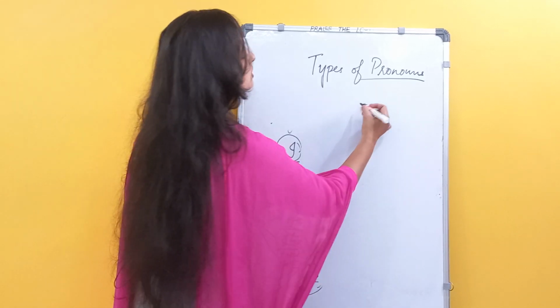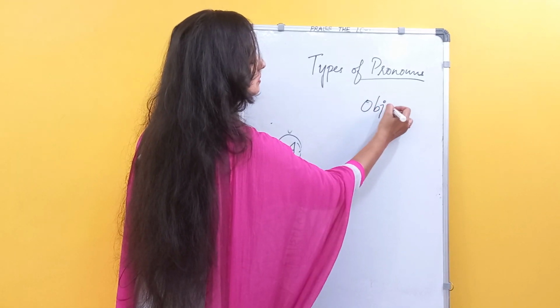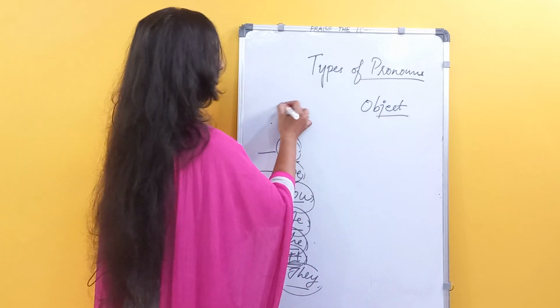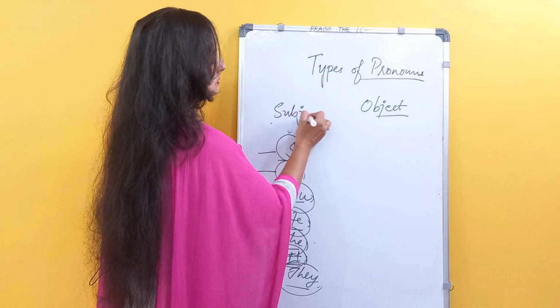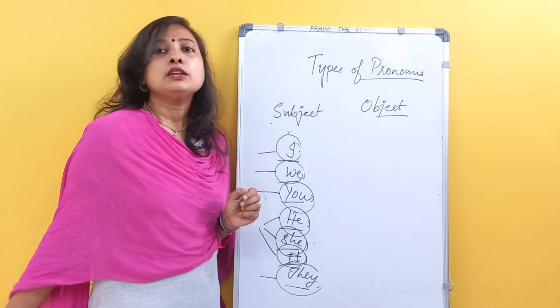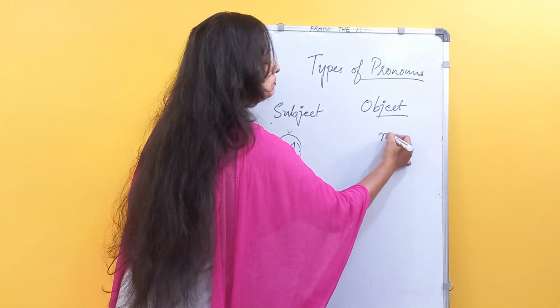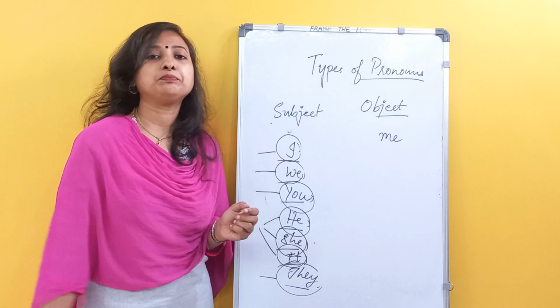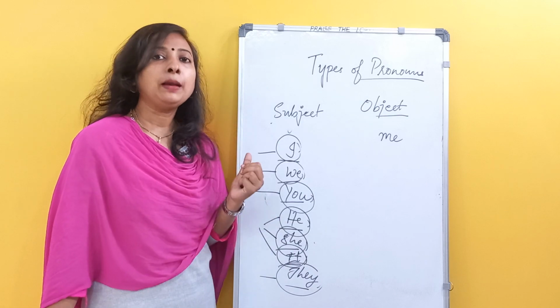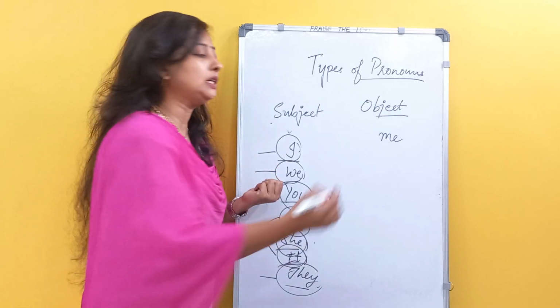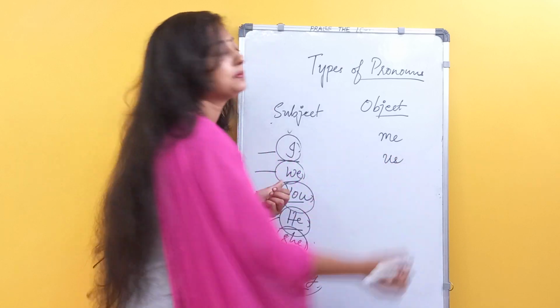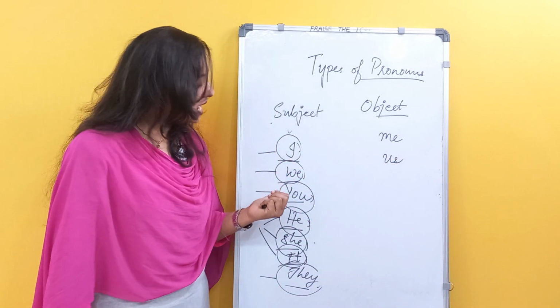So, how will they look like in object pronouns? These are subject pronouns. So, object pronouns. I will become me. We will become us.